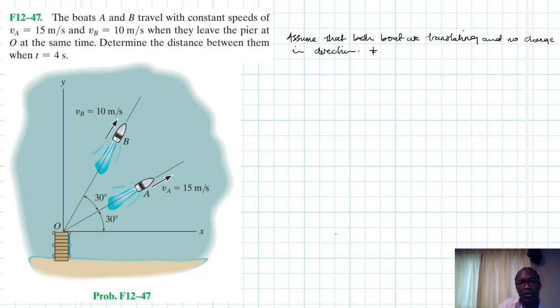Therefore, we can either use RAB, that's the position of A relative to B, or RBA. We can use any of these.